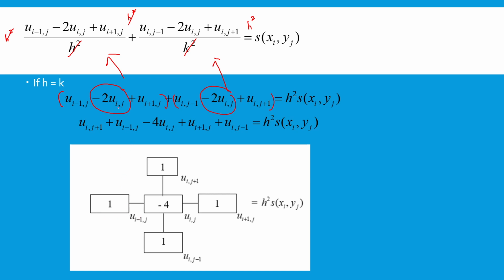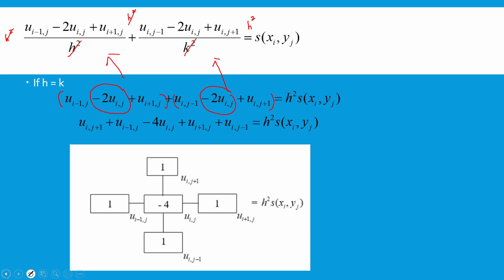Minus 2 u i j minus 2 u i j, total is minus 4 u i j, and then u i plus 1 j is the right cell. u i j minus 1 is the bottom cell. u i j plus 1 is the top cell, equal to h squared s x i y j. So if you compare back to the Laplace equation, if h equal to k, the right hand side is equal to 0. Now the right hand side is equal to h squared s x i y j.